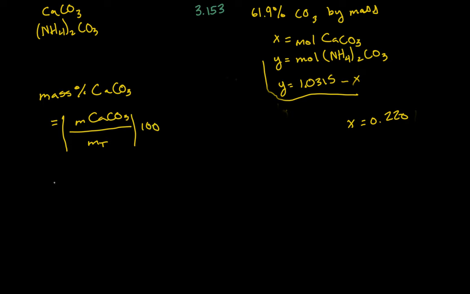All right, but you'll see what I mean in a second. Okay, mass of this is going to be the moles, 0.220 moles, times the formula weight of, and now we need the whole carbonate compound, not just the calcium like I used in equation number 2 there. So calcium carbonate is 100.09 grams per mole.